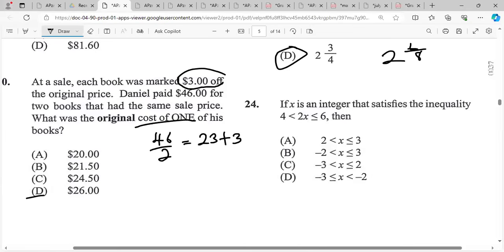All right. If x is an integer that satisfies the inequality, then, all right. So what we have to do, guys, is divide both sides by 2, every side, right? I want to get x by itself. So 4 divided by 2 is 2. Put less than x, and then less than or equal to 3.